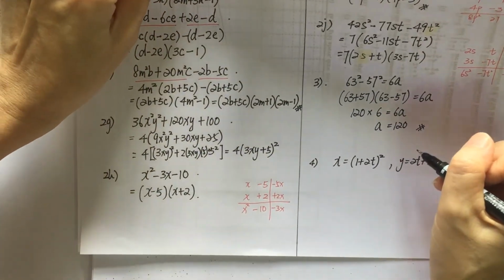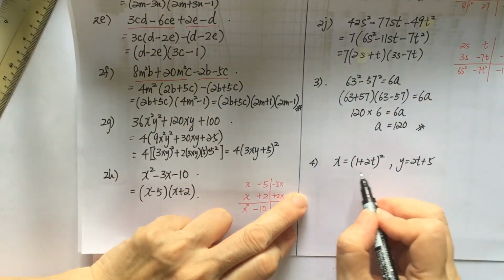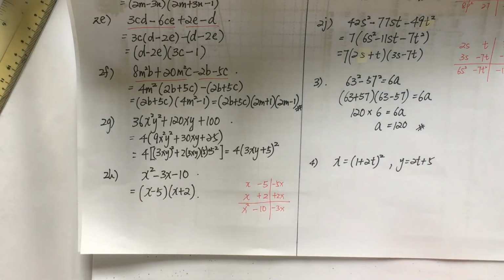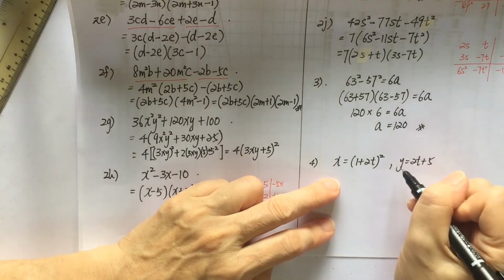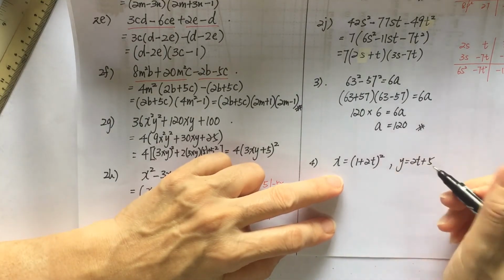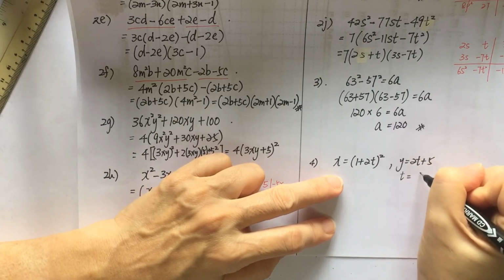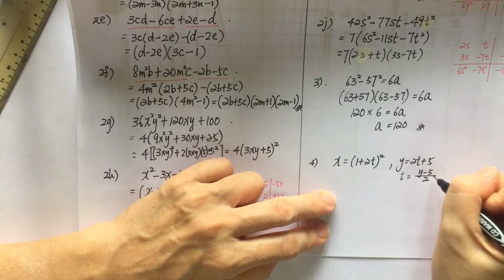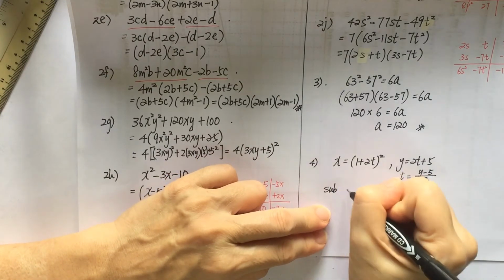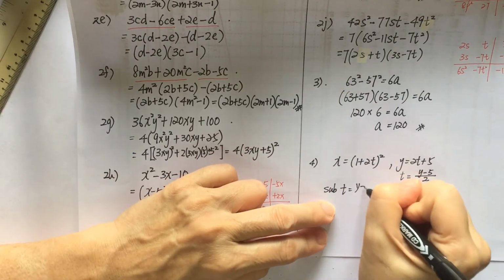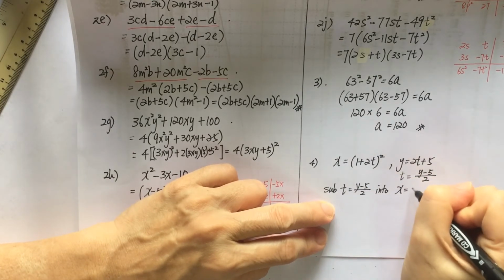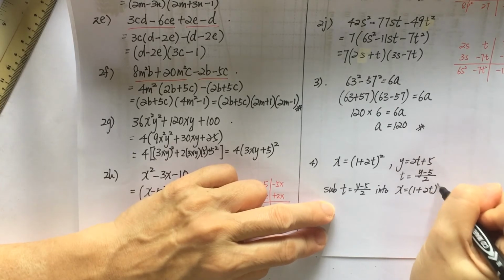Next one, question 4. If you have x equals the square of this, y equals this, how do I express x in terms of y? Okay, I want to express x in terms of y, so I have to get rid of the t. So can I say t is actually y minus 5 over 2? Okay, so I'm going to substitute t equals y minus 5 over 2 into this equation of x equals 1 plus 2t squared.